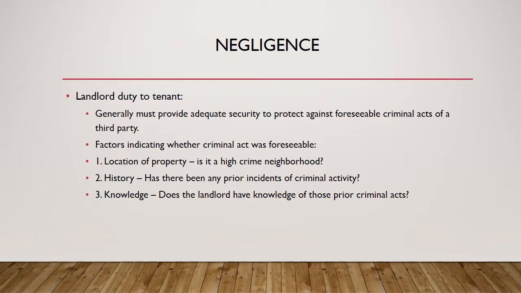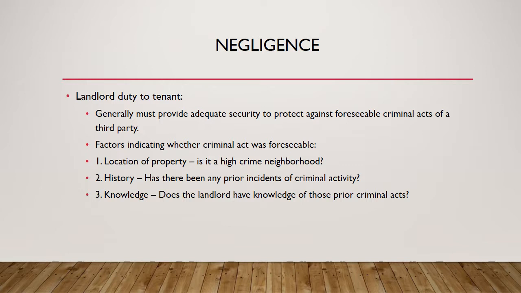There are a few factors that you'll consider when you try to determine if the criminal act is foreseeable. One is the location of the property. Is the property in a high crime area? If it is, then it's more likely that criminal activity is foreseeable. If you're in an area that's generally safe, of course, then there's less likelihood that the criminal activity will occur and it's less foreseeable.